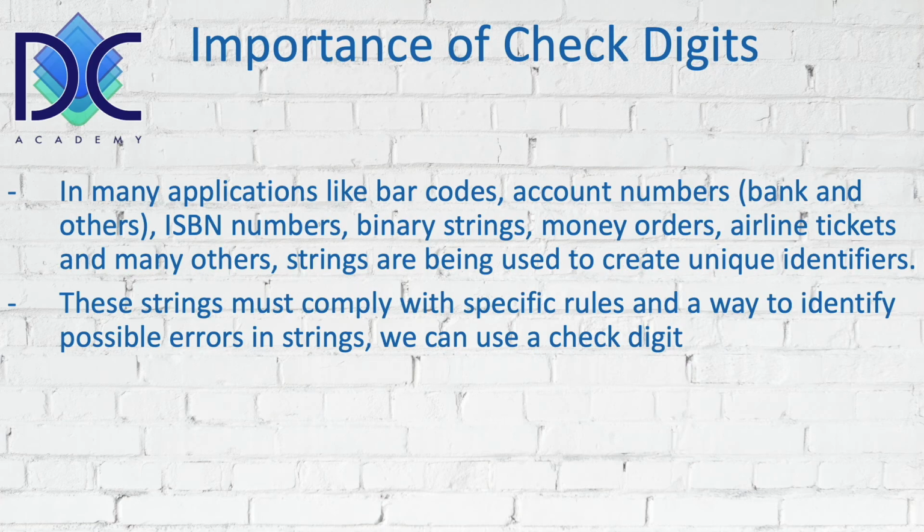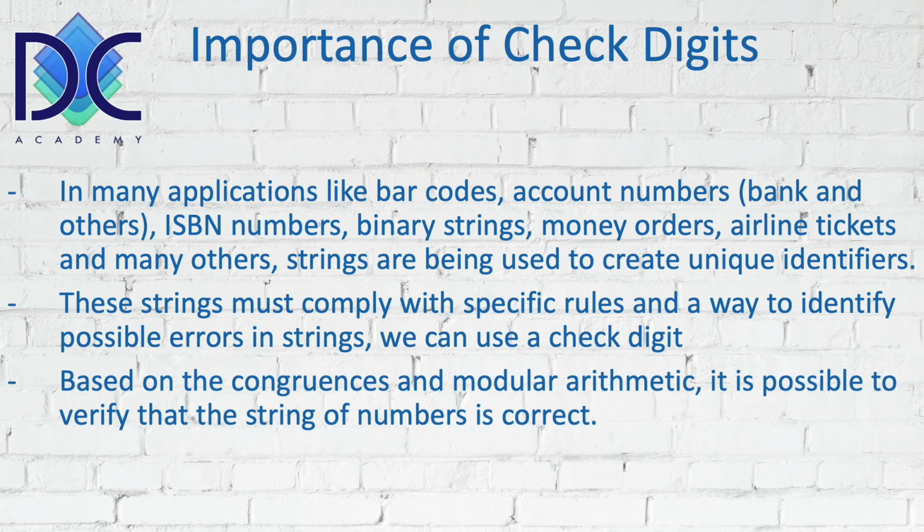And depending on the application, the rules change. We look at congruences and modular arithmetic, and we use those to verify that the string of numbers is correct. So it's a direct application of congruences and modular arithmetic.